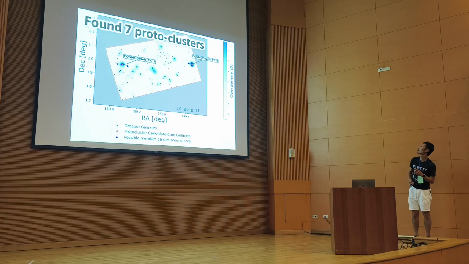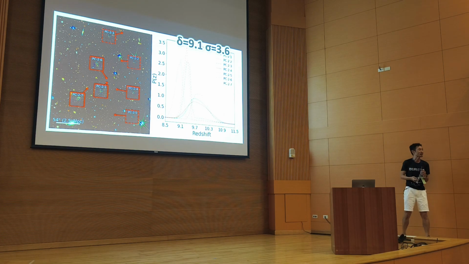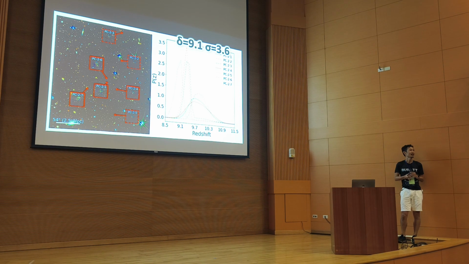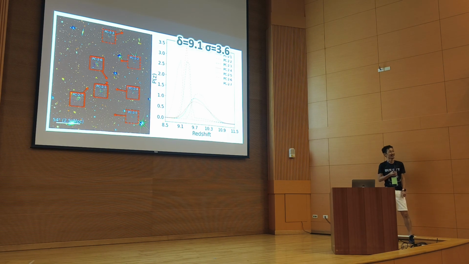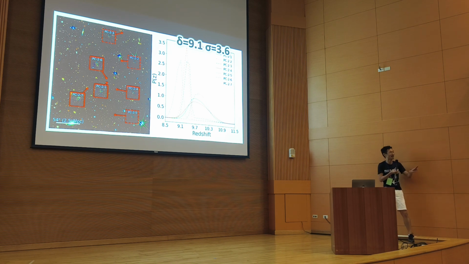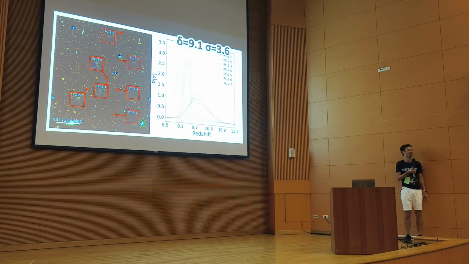So it's a kind of group. That's true, it can be called a group, close to a rich cluster. At this redshift, the number of galaxies is already low, so all the protoclusters, including previous work, are something like that. I found a paper that found 2 galaxies and they called it a protocluster.